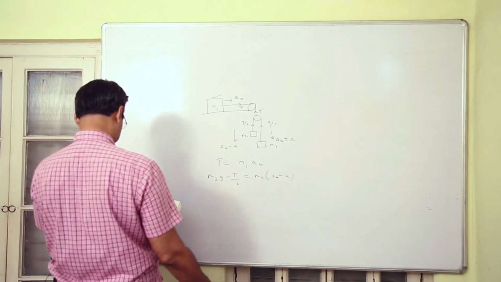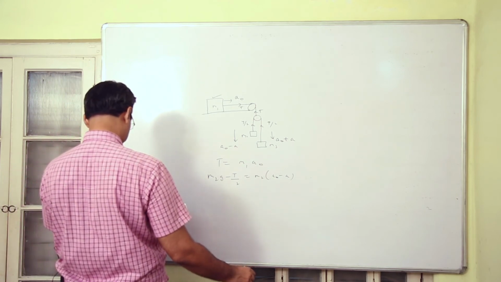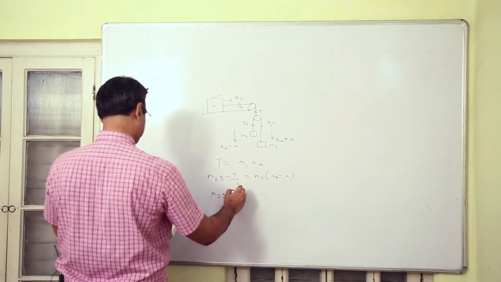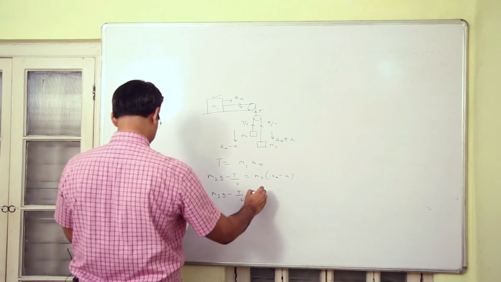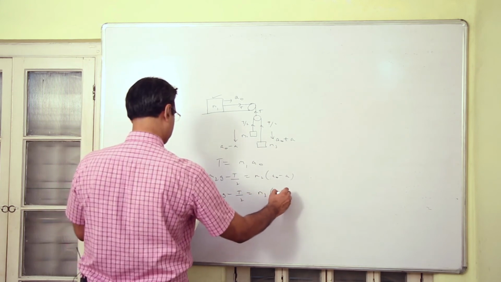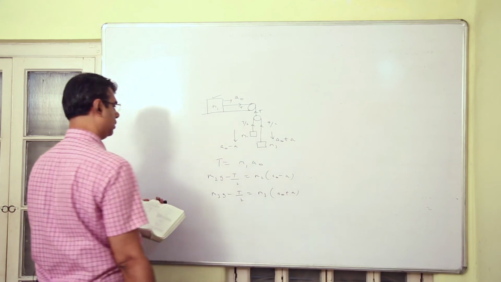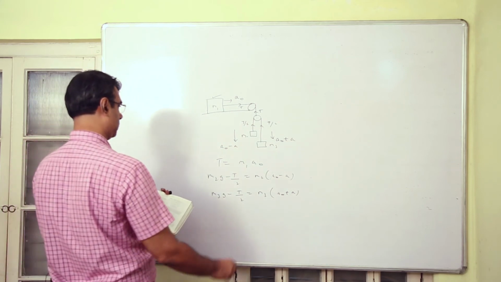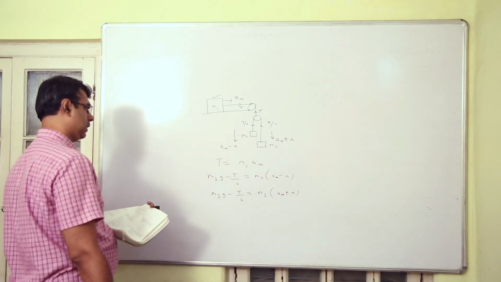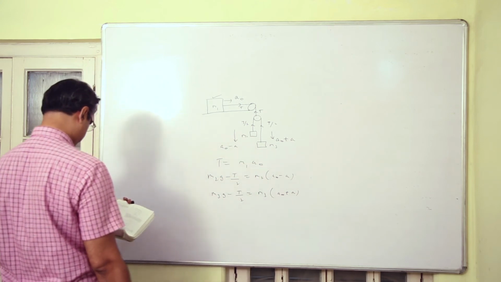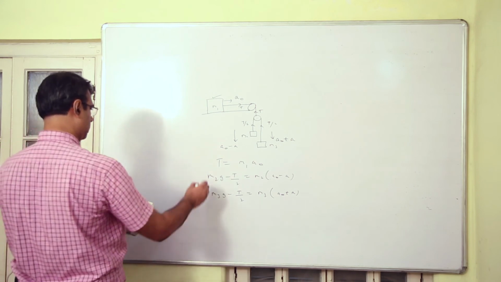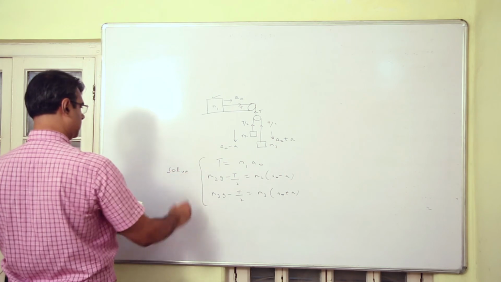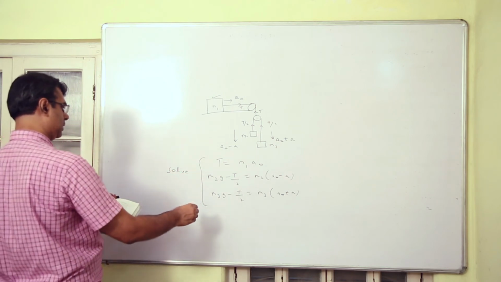Now let us write the equation of motion for this block, so it will be m3g minus T by 2 is equal to m3 into (a0 plus a). So we have written the equations of motion for each of these blocks separately, and now we will have to solve these equations among themselves.